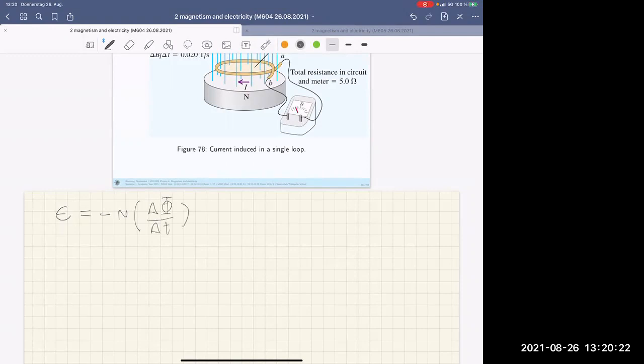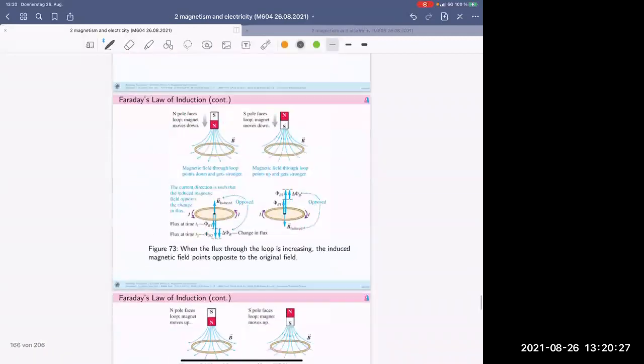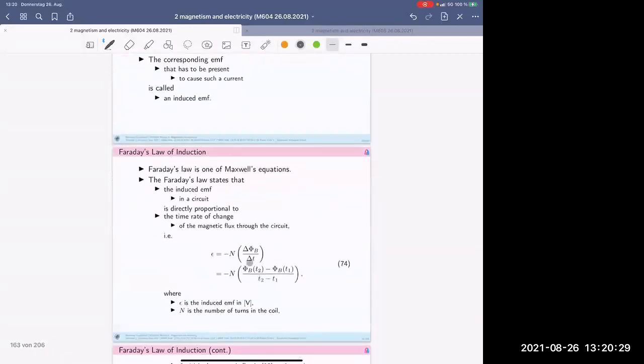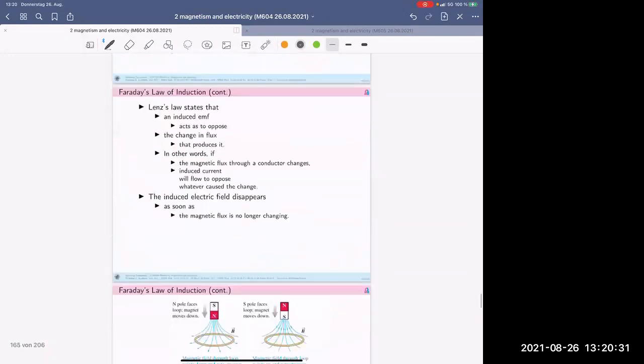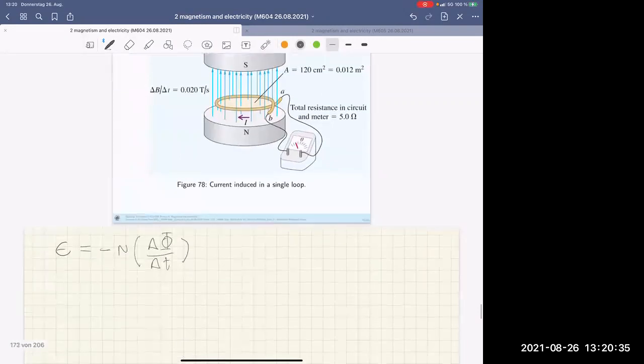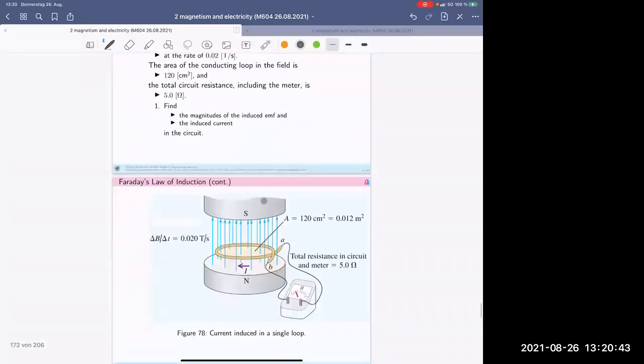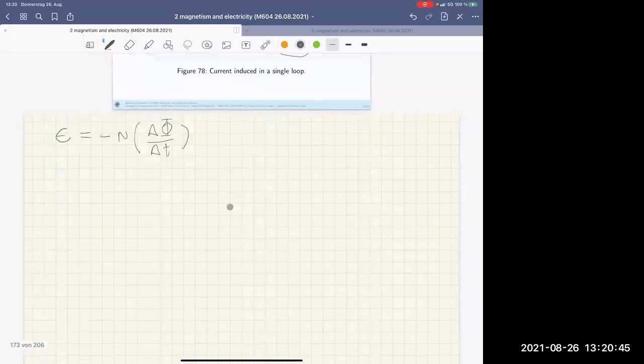But they didn't ask us about the actual value for the induced EMF, but rather the magnitude, so we should take the absolute value of this expression.